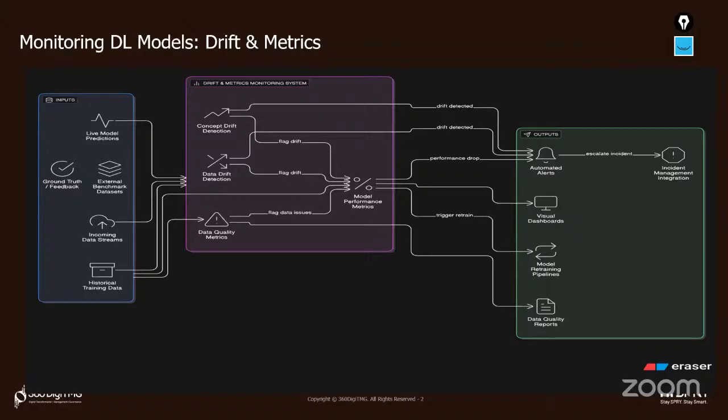So here we will have three types of drift and metric monitoring systems. As we have understood why we need to monitor this drift, we will understand that there might be concept drift detection, where we can find out whether there is a drift or not.